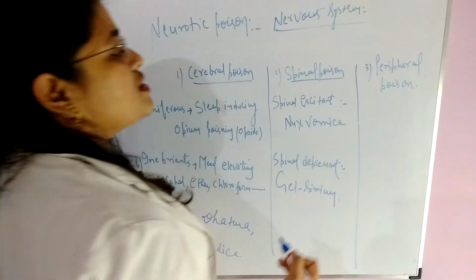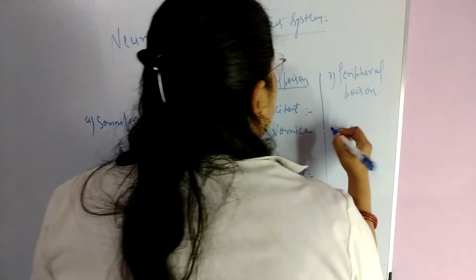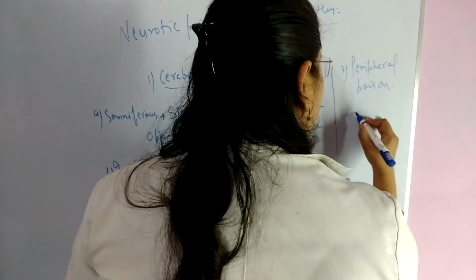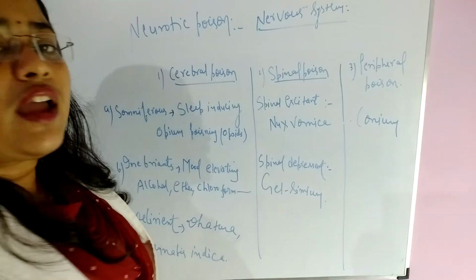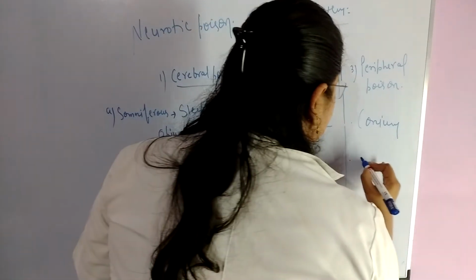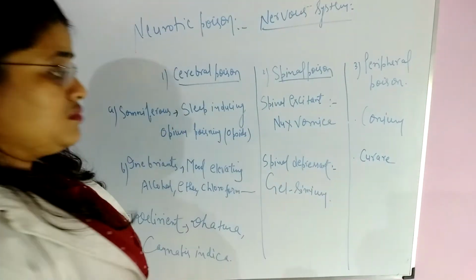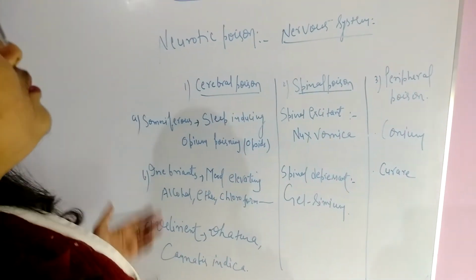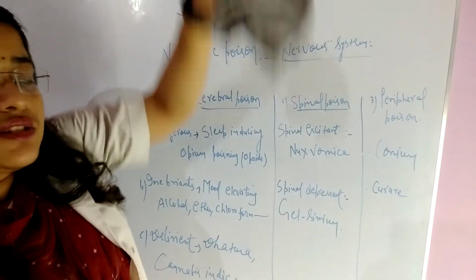Now peripheral poisons act on peripheral nerves, like conium and curare. These are the examples of neurotic poison which acts on the nervous system.